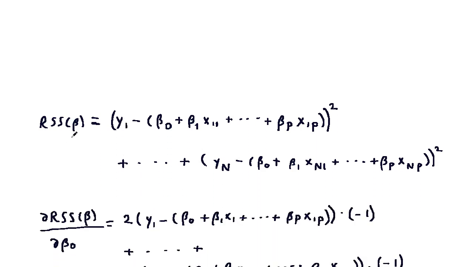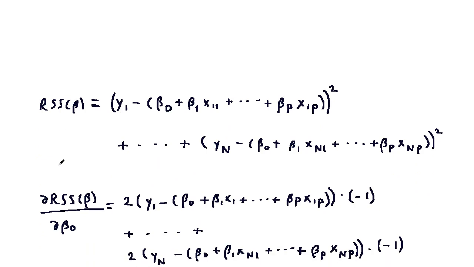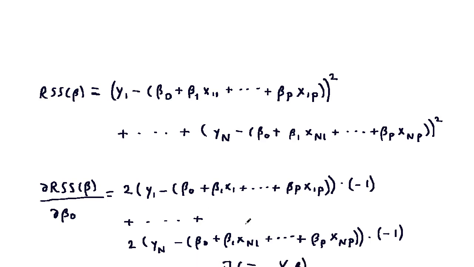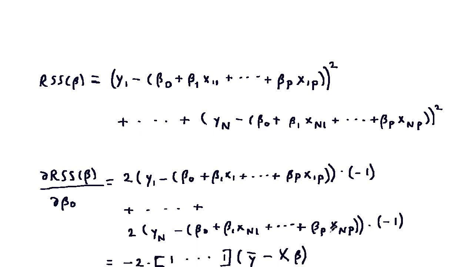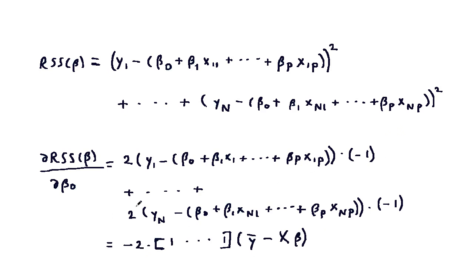Let's take the derivative with respect to beta 0. Here we have a power of 2, so we drop that, multiply by the derivative of the stuff inside. The derivative is -1 since we're taking it with respect to beta 0, so we multiply by -1. We go all the way down the line and we get this. That is just equal to -2 times this row vector of 1s times y minus x beta.